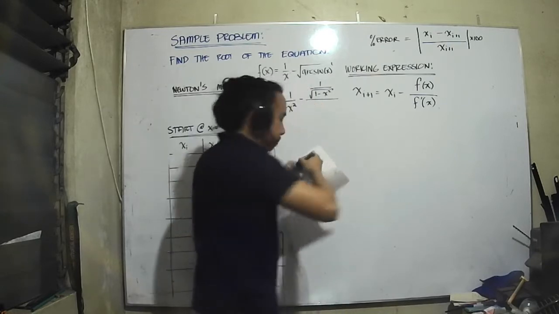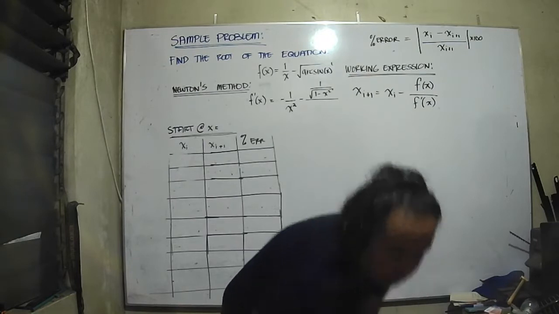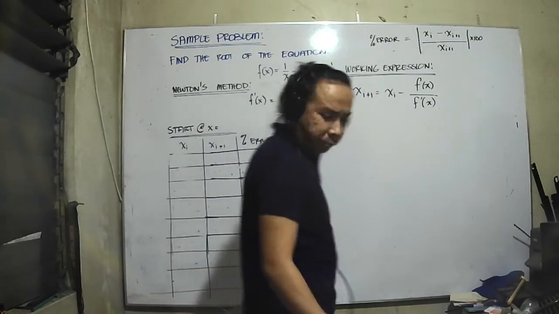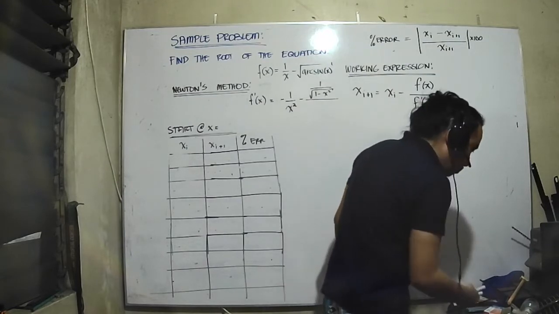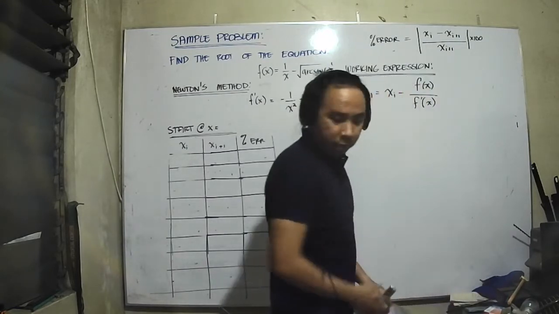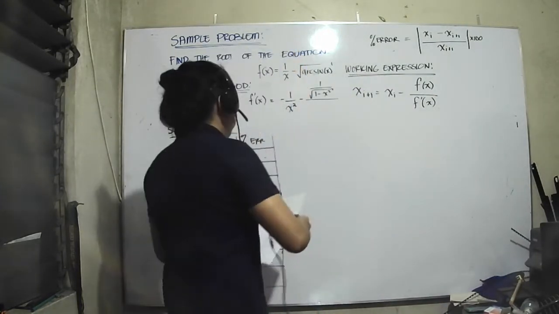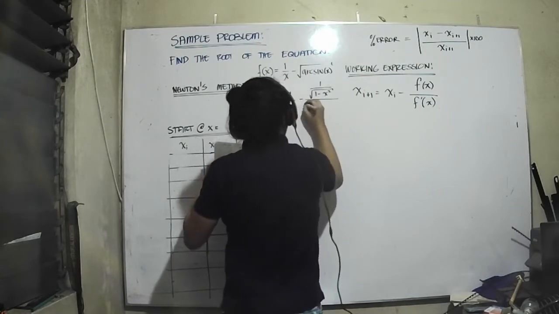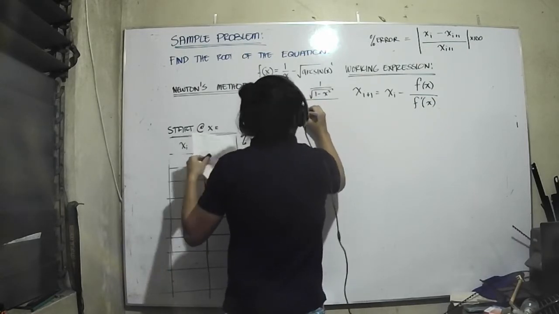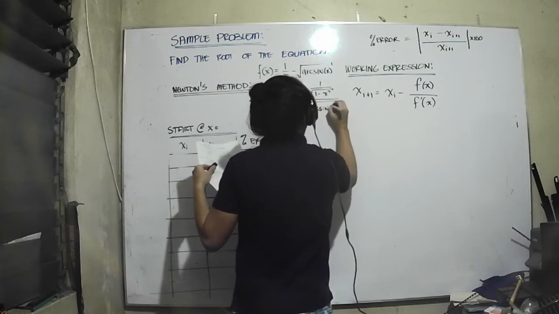So the derivative of this would be equal to 2 square root of arc sine x.